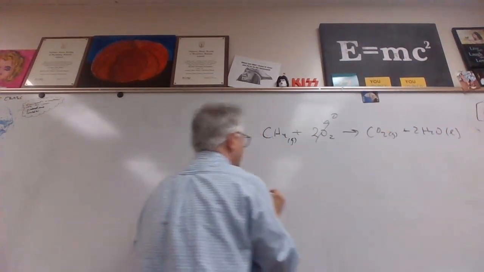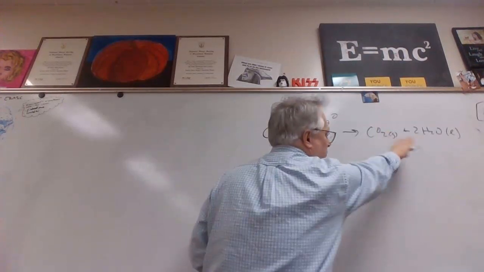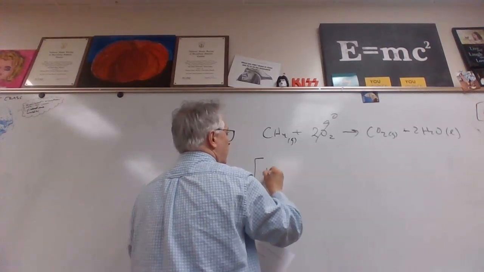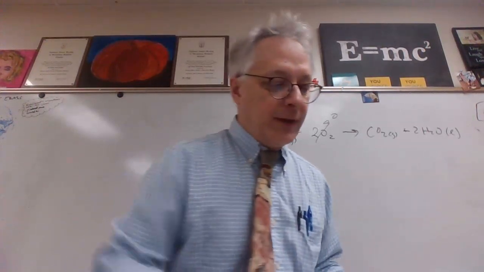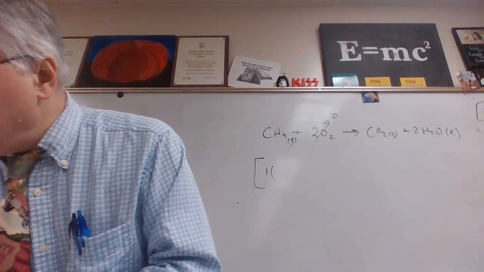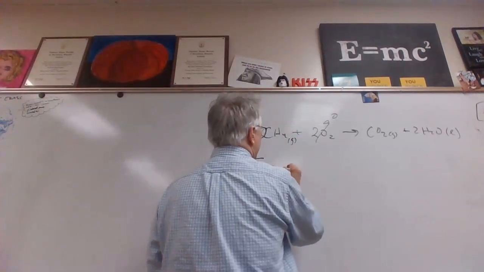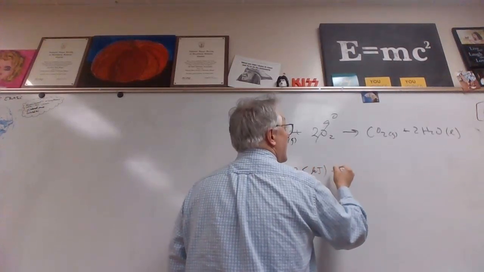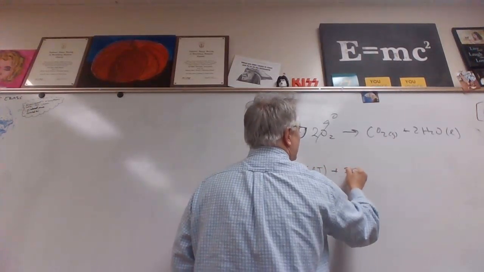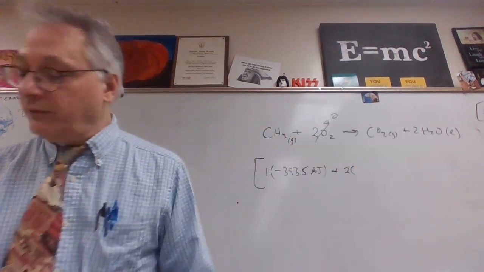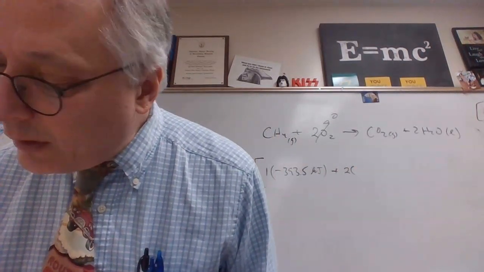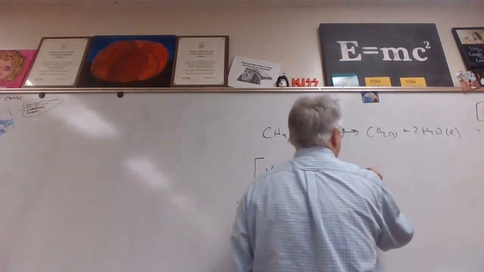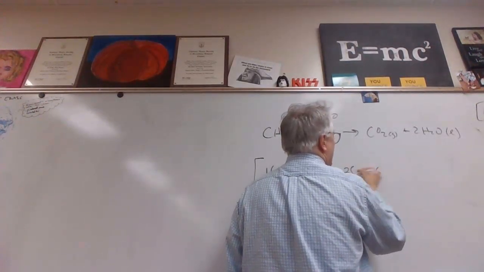Our products first, and the stoichiometric coefficients are 1 and 2 there. So the first one is going to be 1 times the heat of formation of carbon dioxide, which we looked at earlier, negative 393.5 kilojoules. And we're going to add to that 2 times the heat of formation of liquid water, negative 286 kilojoules per mole times 2 moles.